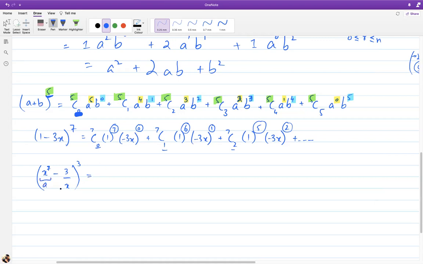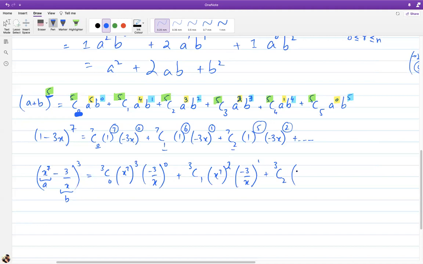We'll simply call this A and this B. And then it's going to be 3c0, a to the power 3, b to the power 0, plus 3c1, a to the power 2, b to the power 1, plus 3c2, a to the power 1, b to the power 2, and then 3c3, a to the power 0, b to the power 3. And that's how you expand it.